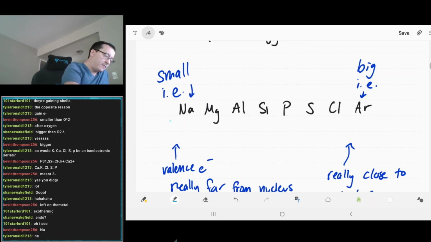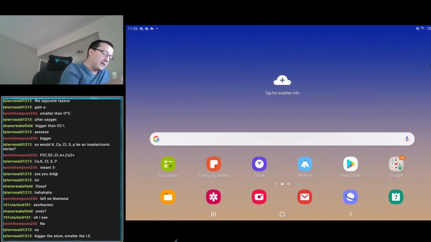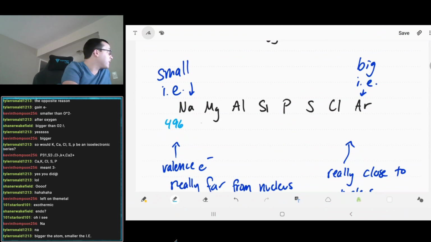Sodium, 496. Magnesium. Ooh, I don't want to talk about this, but we'll do it anyway. 1256. These are in kilojoules per mole, by the way.